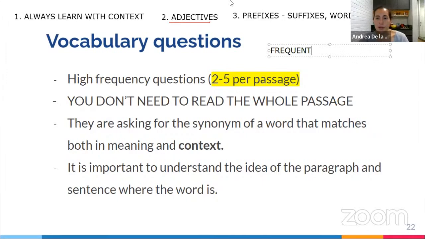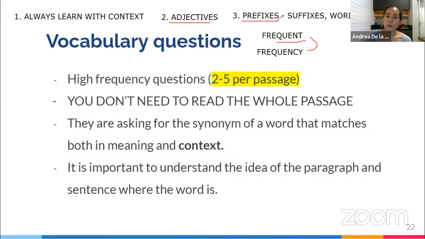Frequent is an adjective. But from this word, you get many words. You get the word frequency, by the way. So from one root word, you can get many others. So it's important to always consider that when learning vocabulary.